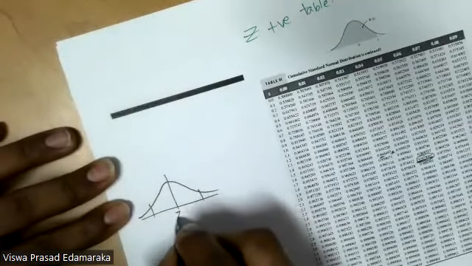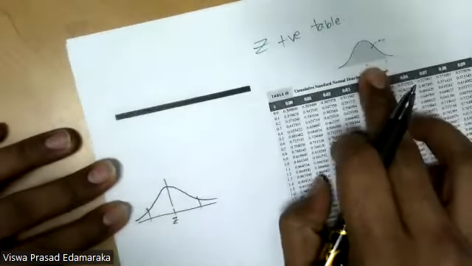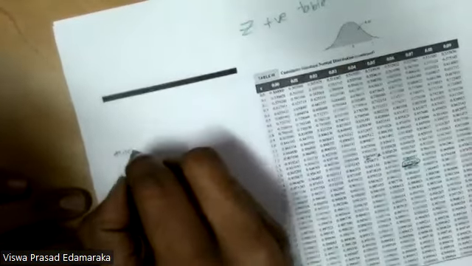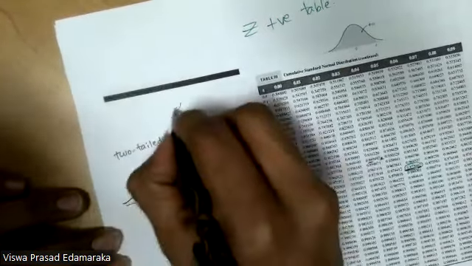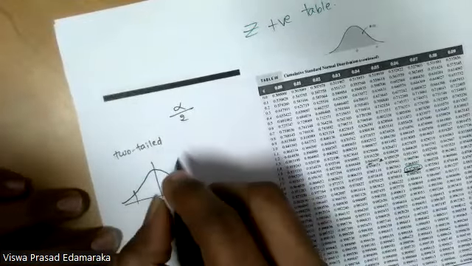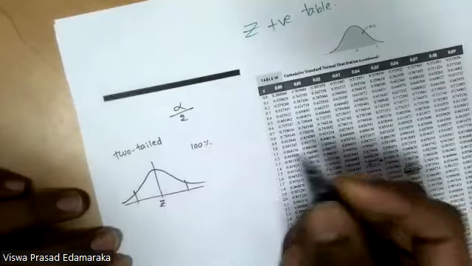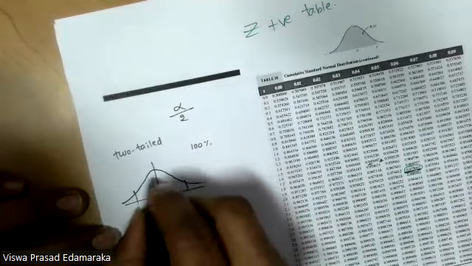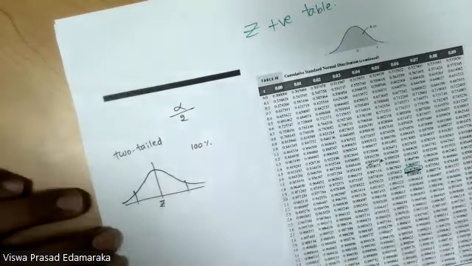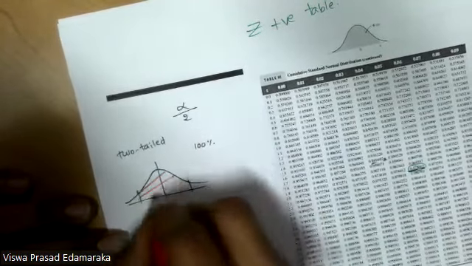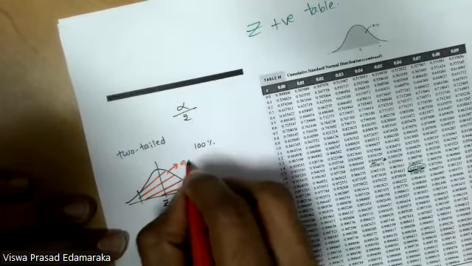This is the Z value, as you can see here. In the textbook only, you'll find that Z value. If it is a two-tail test, two-tail means you are dividing the level of significance into two halves. The whole thing is 100%. The confidence level will lie here, that is 95%.